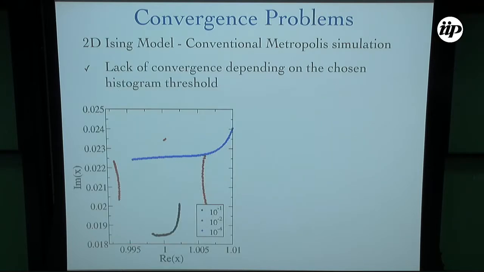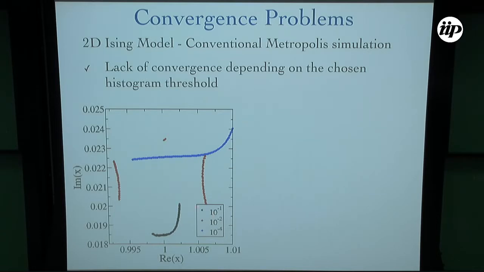We decided to do a scan over a large range of temperatures. So you start at high temperatures, choose a small step, okay, and calculate it. And here I'm showing the path that the dominant zero follows in the complex plane, okay?